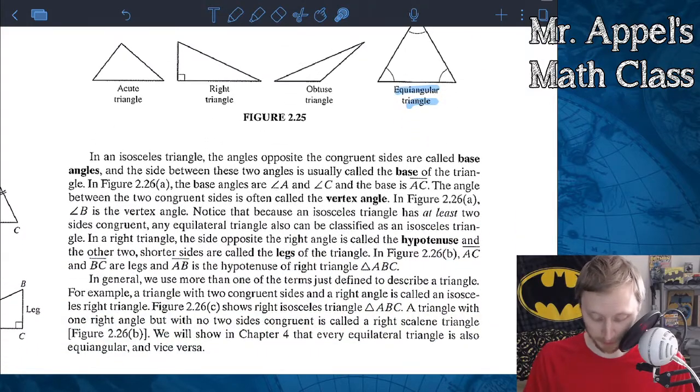All right, special features. In an isosceles triangle, the angles opposite congruent sides are called base angles. Okay, highlight there. Base angles. And the side between the 2 angles is usually called the base of the triangle.